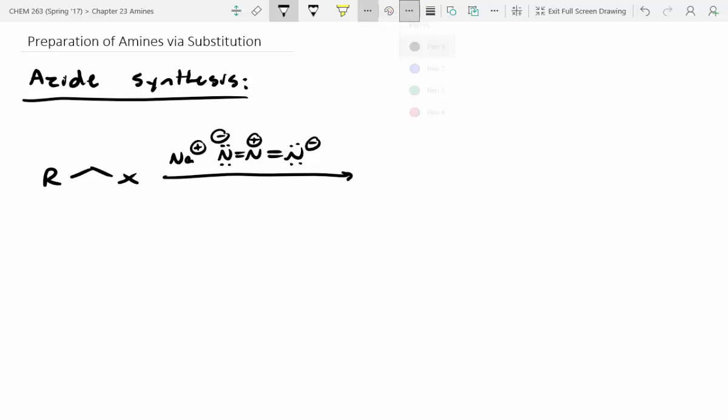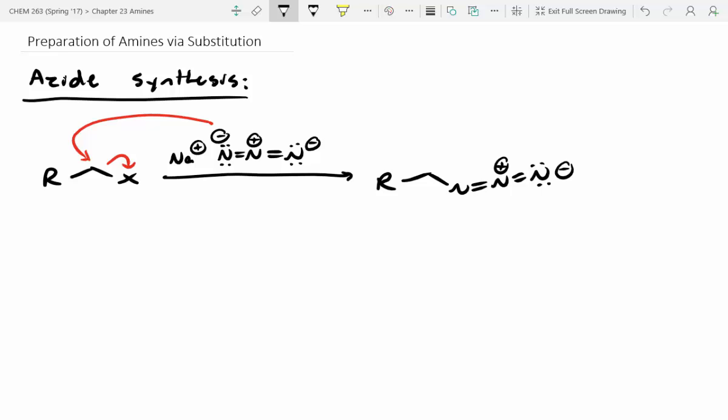And this is a reasonably good nucleophile, so it can attack in, kick off electrons. And then you'd have NaX as your spectator ions.